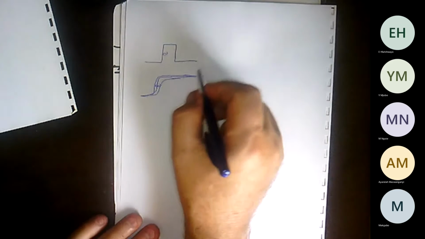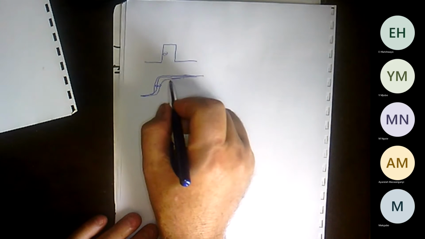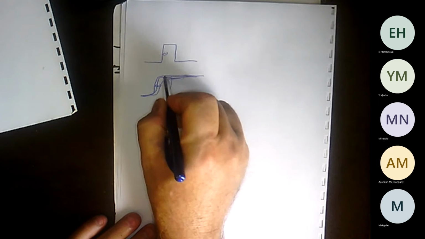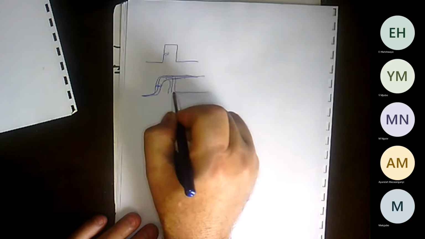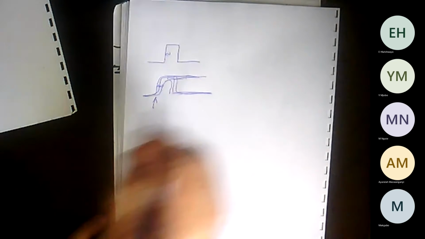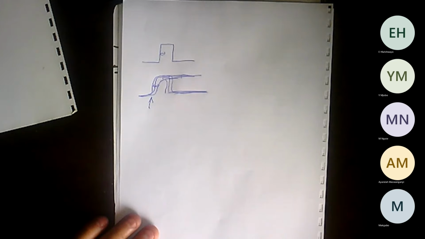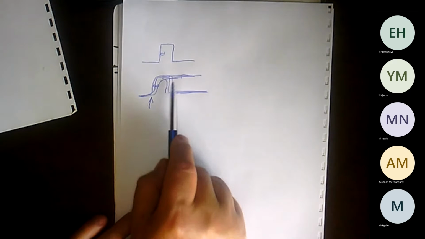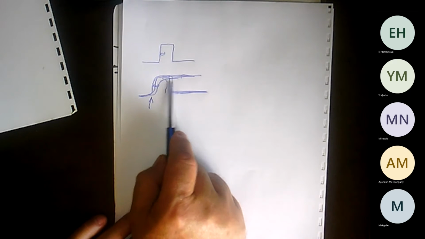Now you see what it is. When it goes down there, I'm not drawing it nicely, it will go like that, and that one will go like that, and they will all three mix in. So there will be a very uncertain up edge. When you look at an oscilloscope, it will jitter left and right like this. They call it jitter. And the down edge will also jitter up and down.